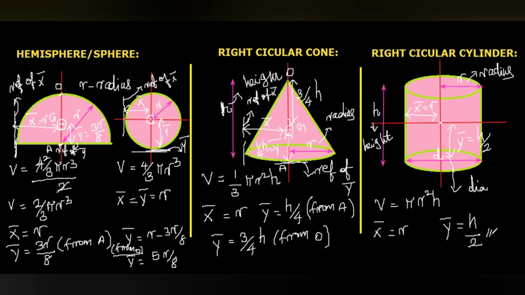So these are all the areas or volumes we will use in the center of gravity calculations. Okay. So this is the overview of center of gravity. So for many areas and many volumes or solid bodies, we have discussed the x bar and y bar. Okay. I hope you all understand this video.